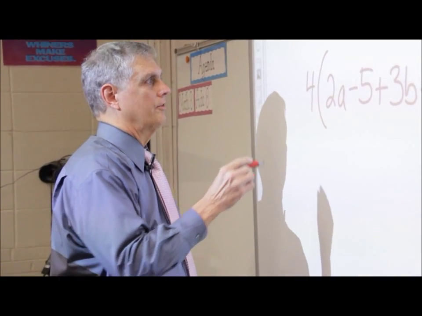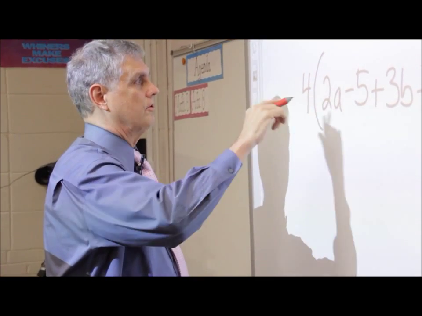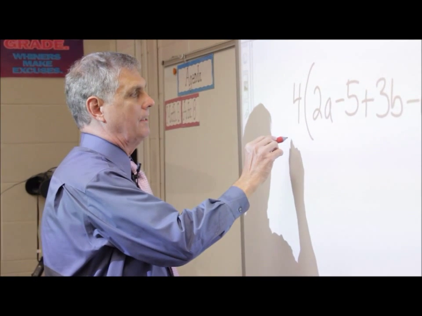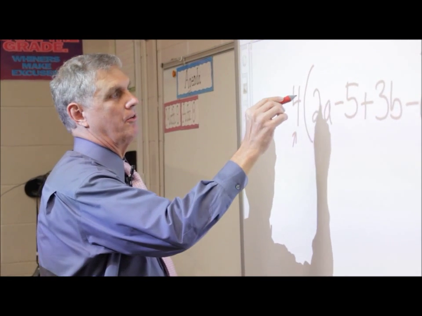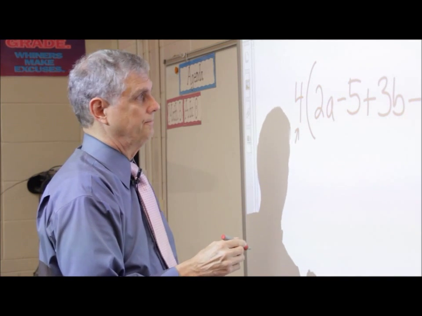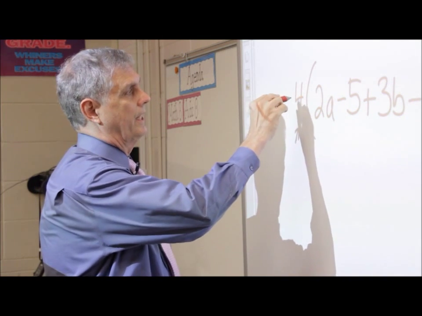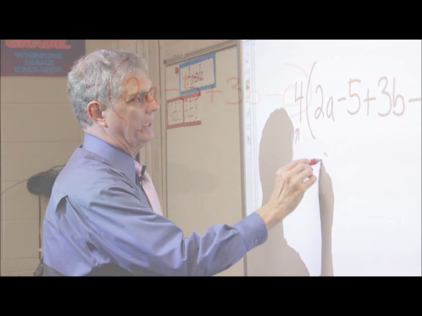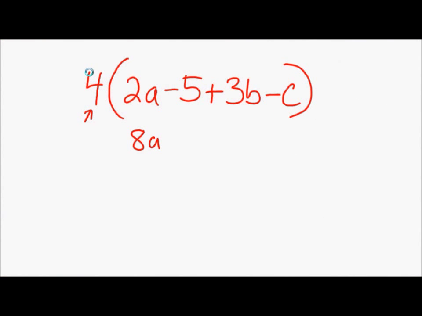The distributive law says that if you want to clear this parentheses, you have to multiply what's on the outside here times every one of these items on the inside individually. So we do that. We take 4 times 2a, we get 8a. 4 times minus 5 is minus 20.